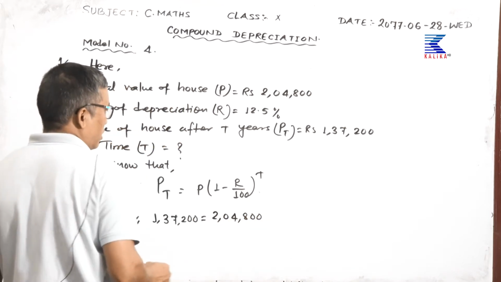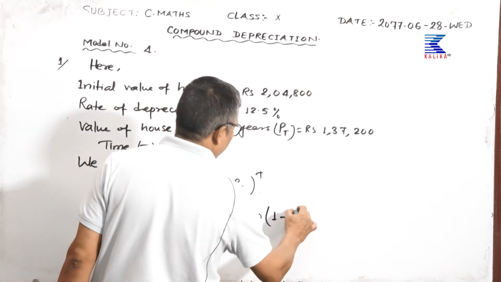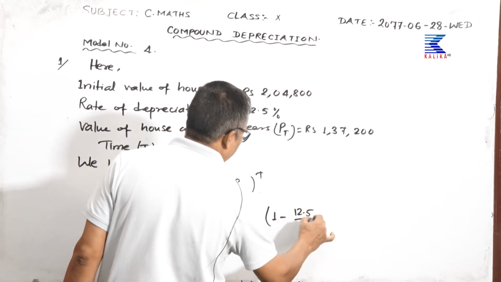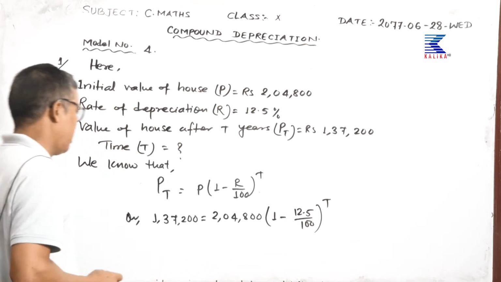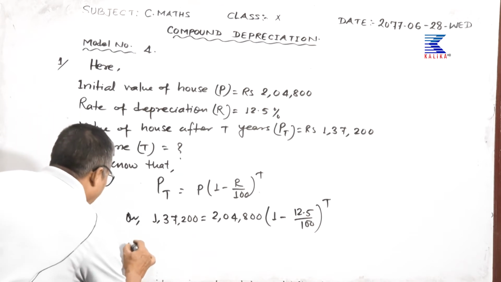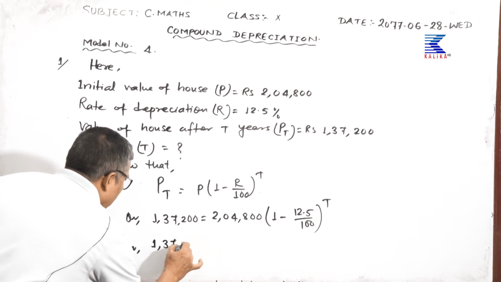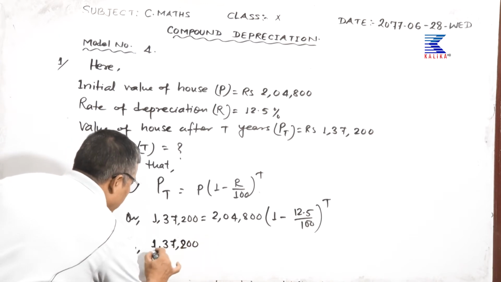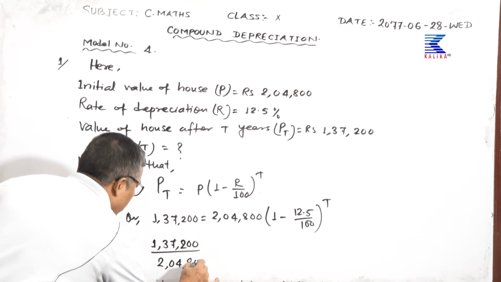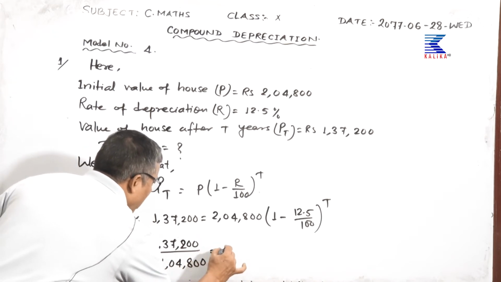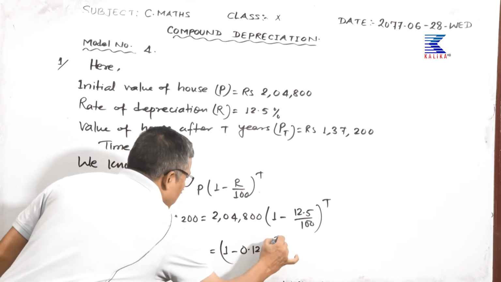Clear? 1 minus R, which is 12.5 divided by 100, to the power T, or 1,37,200 divided by 2,04,800 is equal to (1 minus 0.125) to the power T.